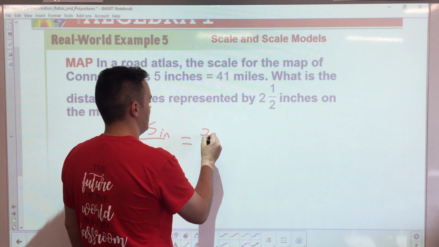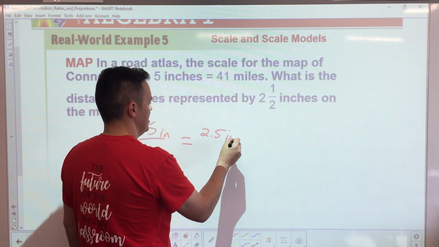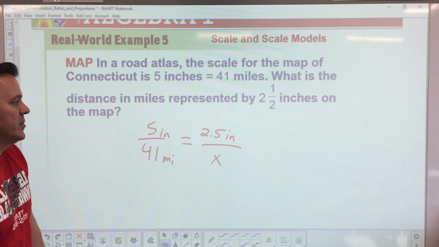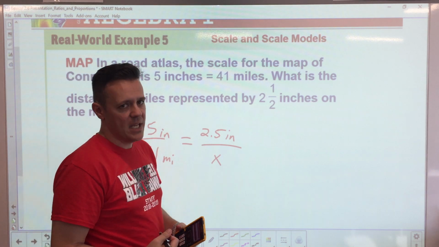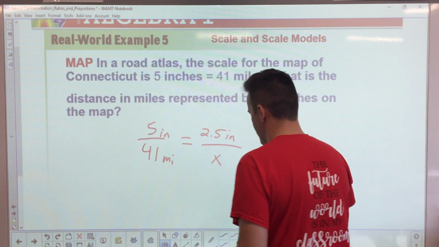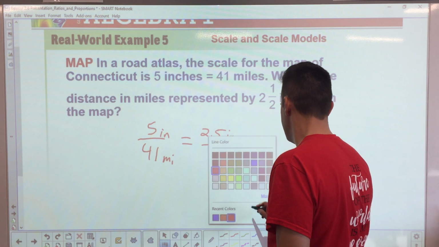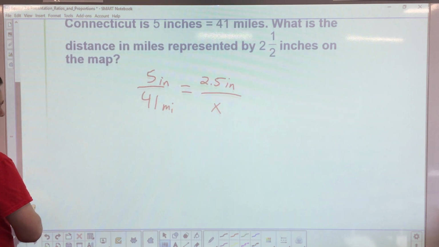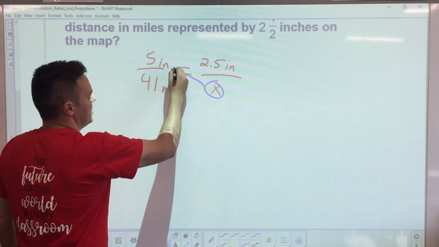Okay, so this can be written as 2.5 inches equals x miles. Okay, ladies and gentlemen, let's do the cross multiplication on this. As we wrote it down, we can now simplify it. Take this up to there.